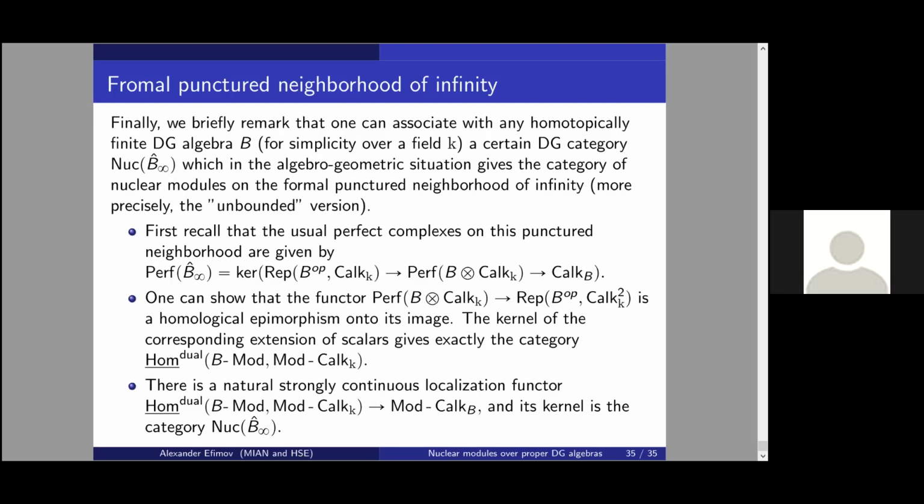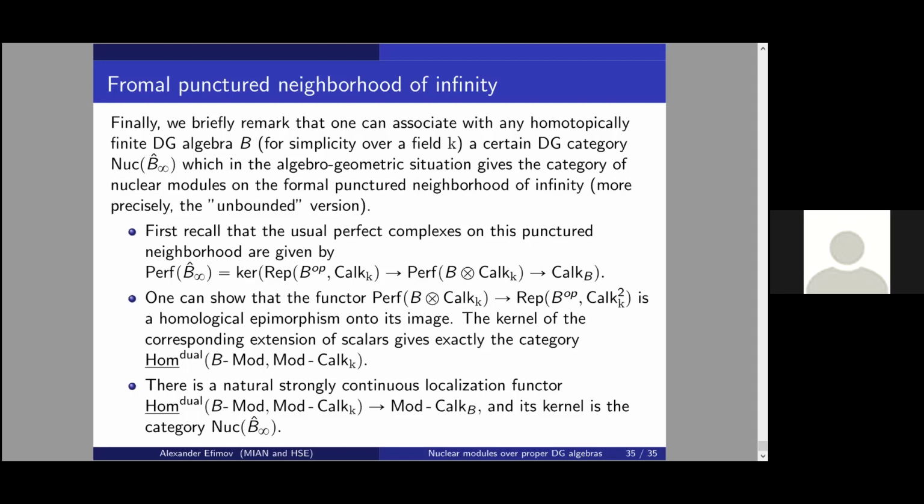Right. I have another statement, which I didn't mention and did not completely check, but which also makes a lot of sense: in the case of formal schemes, another way to define these nuclear models, again the unbounded version, is the following.